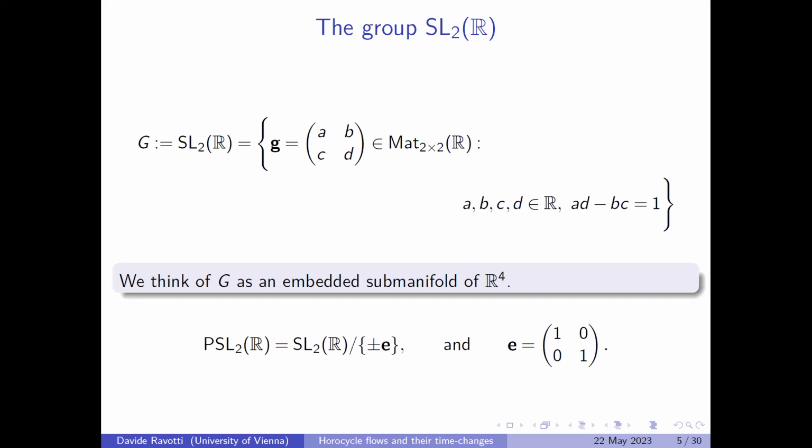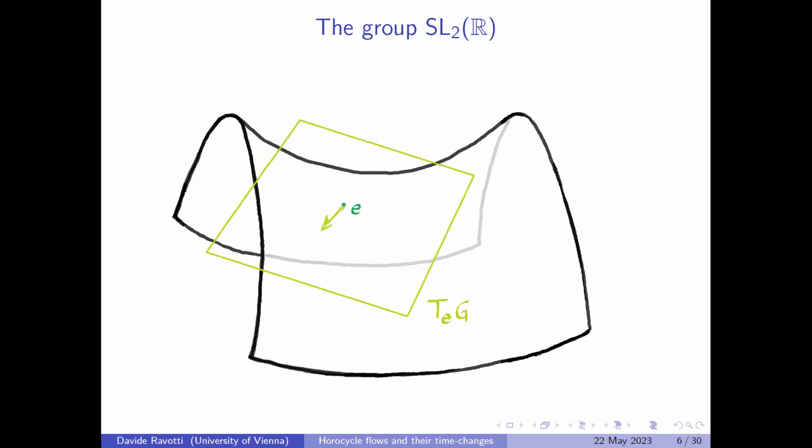Okay, so we want to start by looking at this group, and we can think of it as a submanifold of R4, right? So we have four real entries, they satisfy some conditions, so we think of it as a submanifold of R4. So as a very schematic picture, maybe you can think of SL2R as some curved object inside R4.